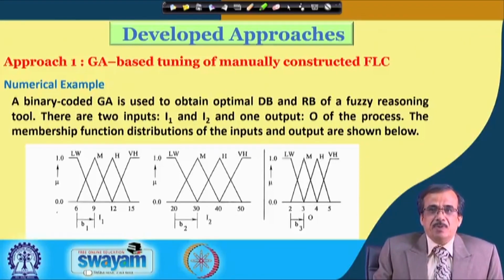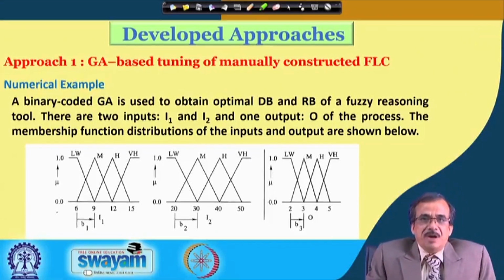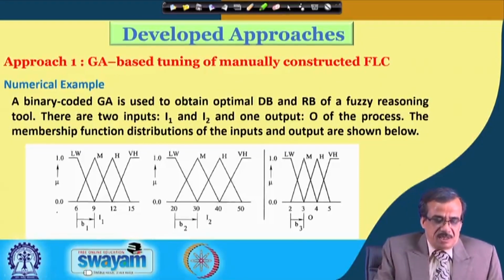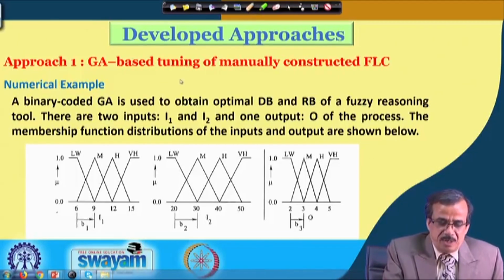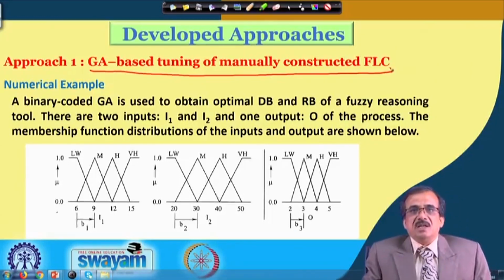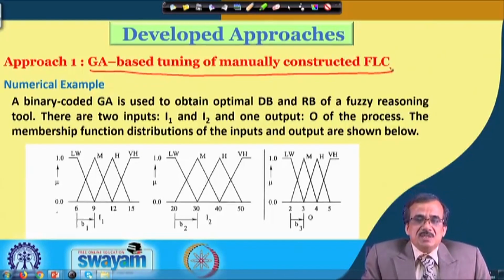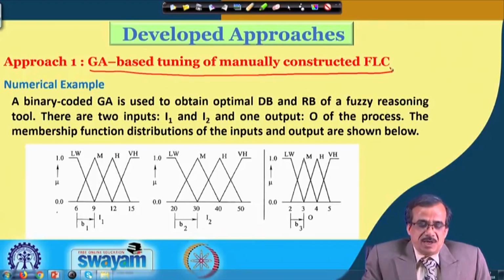Now, there are several approaches of optimizing this fuzzy reasoning tool or fuzzy logic controller. The first approach is known as GA based tuning of a manually constructed FLC. Supposing that I want to determine the input output relationship of a particular process, we try to design the knowledge base, which is nothing but a collection of database and rule base, manually.